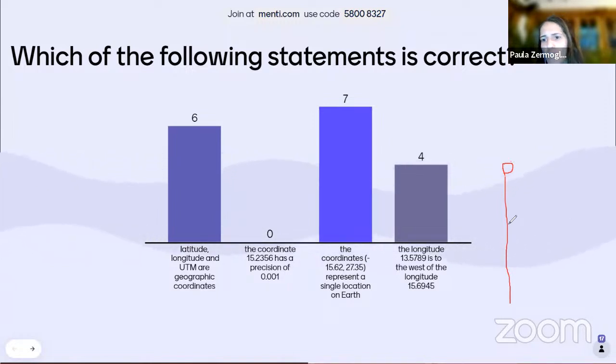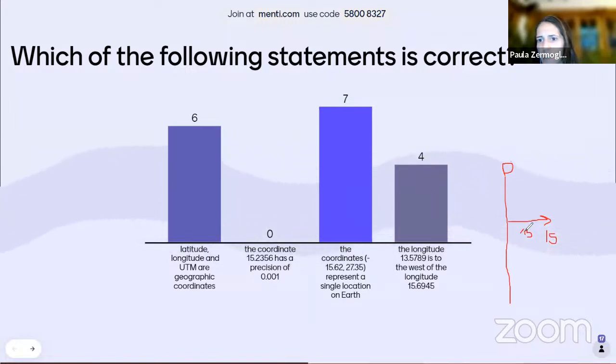And so we start measuring. To the east is positive, to this side. And so we start 1, 2, 3, 4, etc. longitude. And so we get to 13. Sorry, my mouse abilities are terrible. And as we keep going, we go 14, 15, and so 15 is further this way, so it's to the east.